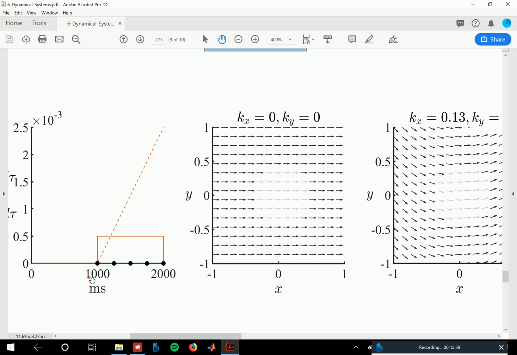Now the important thing is that everything is in phase at this time point. All the arrows point in the same direction, but now an x gradient is turned on.